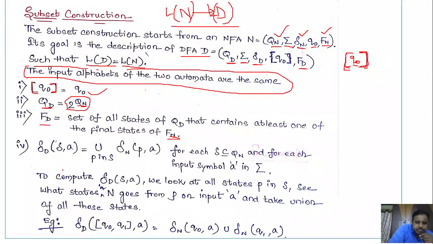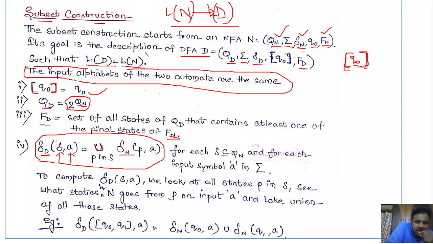The next one, the transition function. Just try to understand this transition function. How do we write it? Delta D is nothing but the transition function in the DFA. Delta D of S comma A, where S is some state and A is an input symbol, is equal to the union over P in S of delta N of P comma A. So what does it mean?